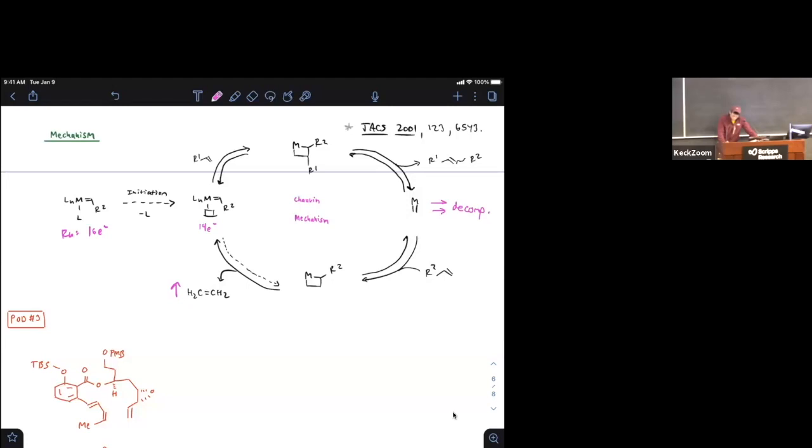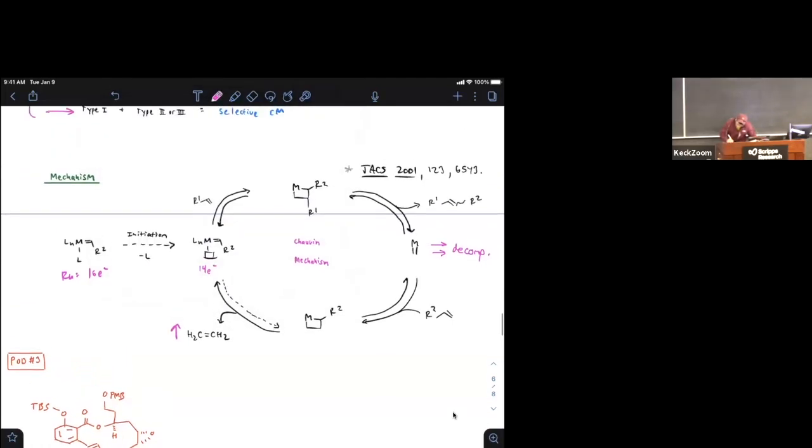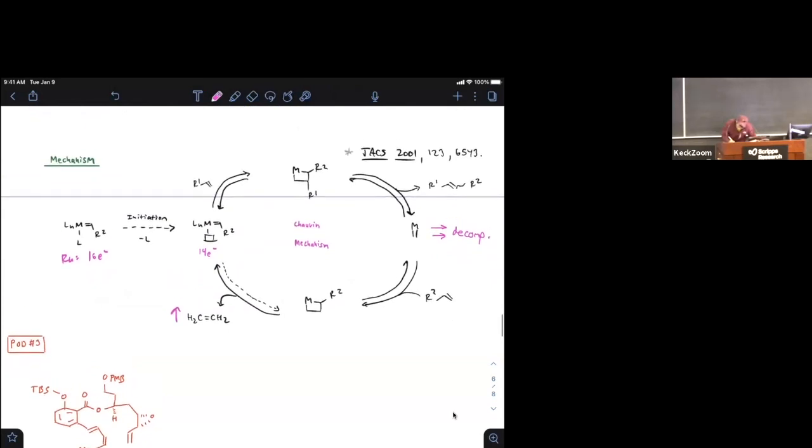So what do we mean when we say things don't undergo homodimerization? Well, let's consider the case where we're bulking up, hypothetically, this group.